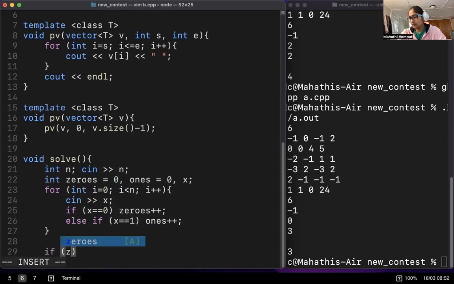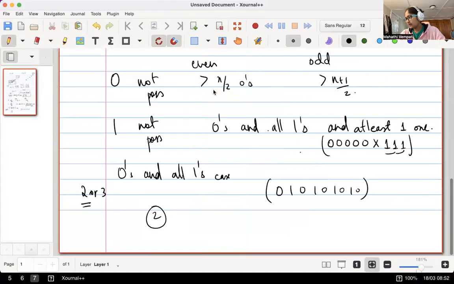So now, I feel like I can do (n plus 1) by 2 for both, right? Even if it's even, because for even numbers, n by 2 is the same as (n plus 1) by 2.